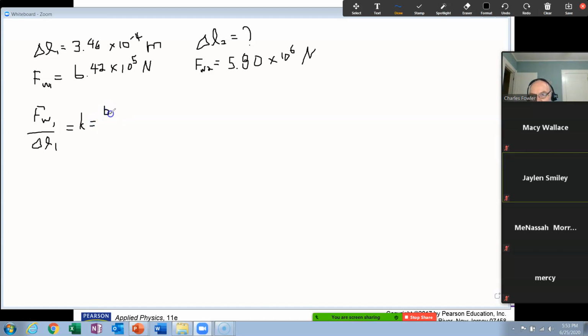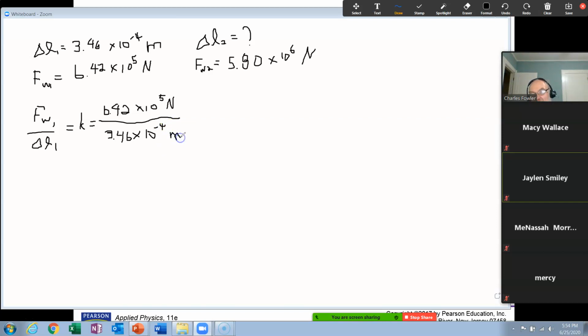6.42. You're going to find this is a huge K. 6.42 times 10 to the fifth newtons divided by 3.46 times 10 to the minus 4 meters.